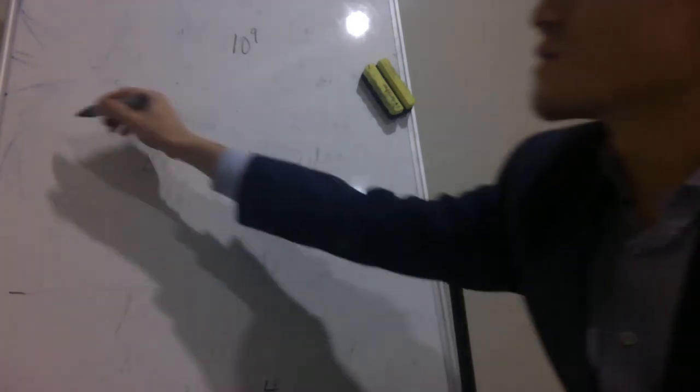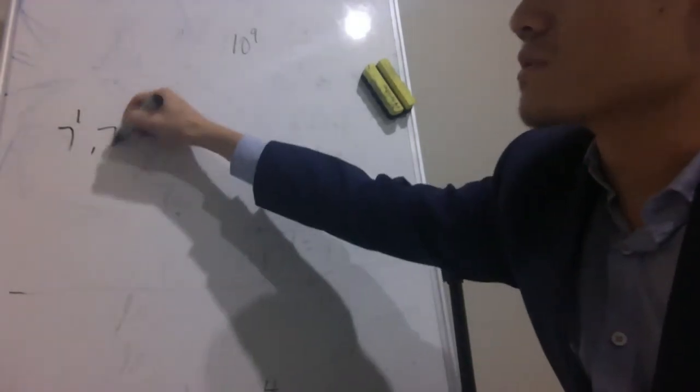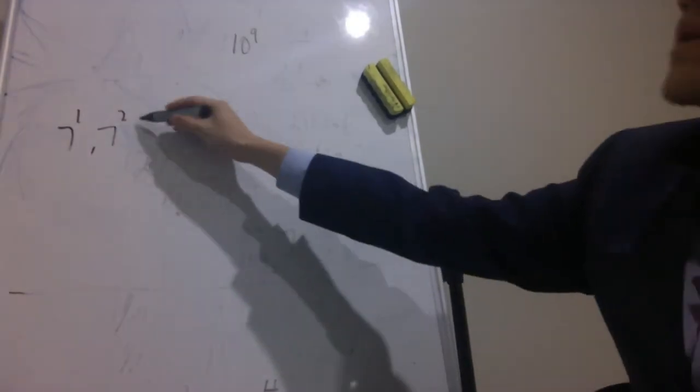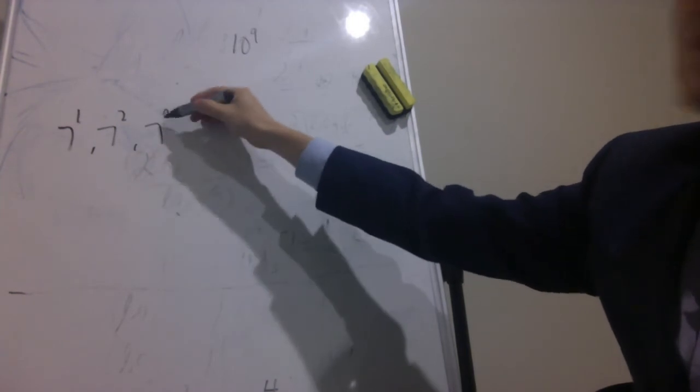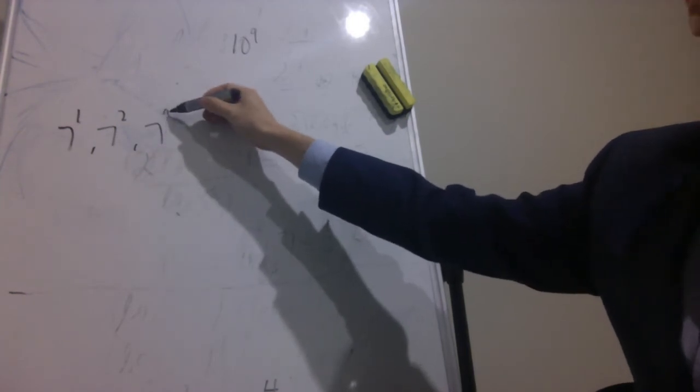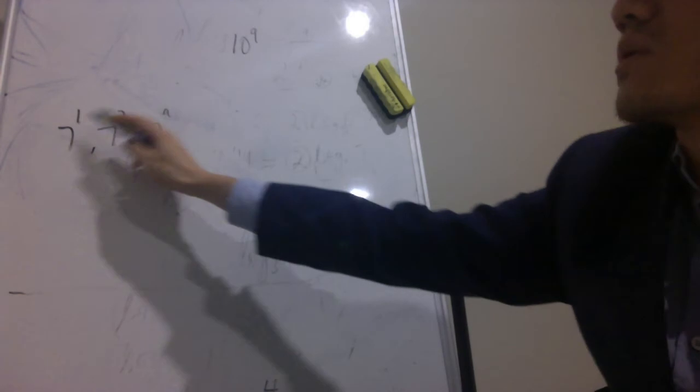How many positive powers of 7 are less than 10 to the 9? So I guess, like 7 to the 1, 7 to the 2. So whatever the biggest power is, like 7 to the a, that would be the answer, right? Because there's a of them. It'll be 1, 2, all the way up to a.